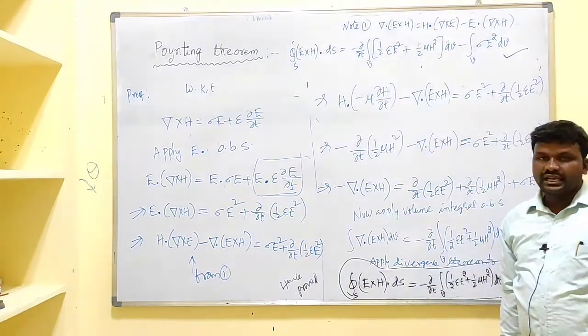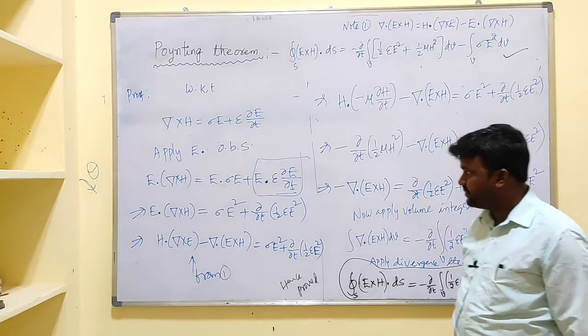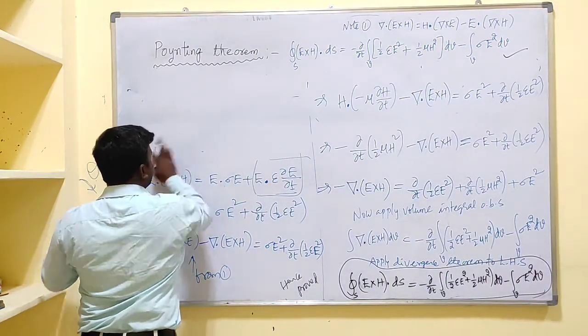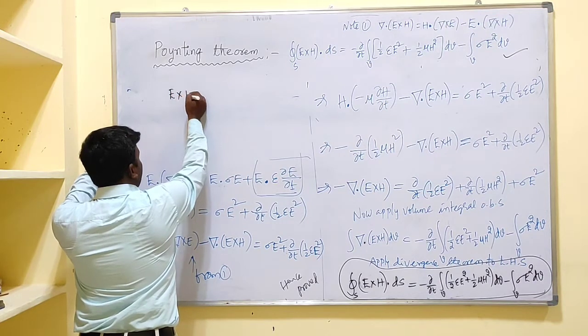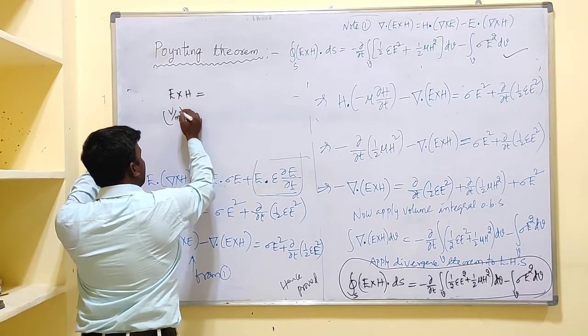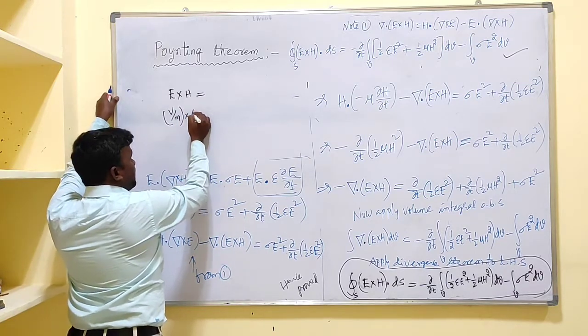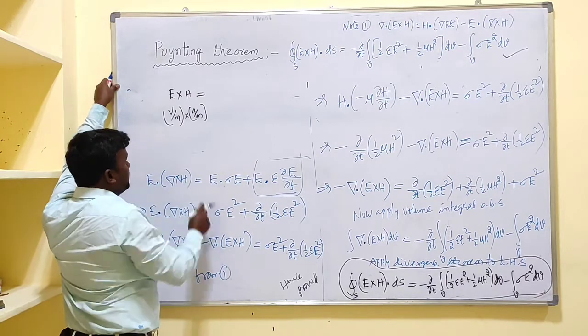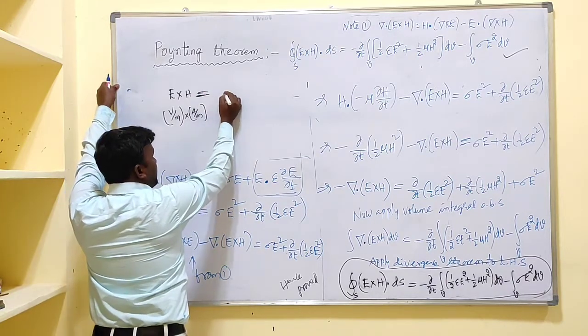Okay, what about E×H? The unit of E is volt per meter, and of H is amps per meter. So voltage into current, that is power per unit area.